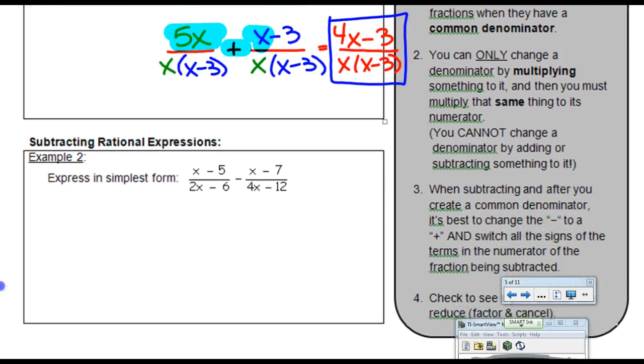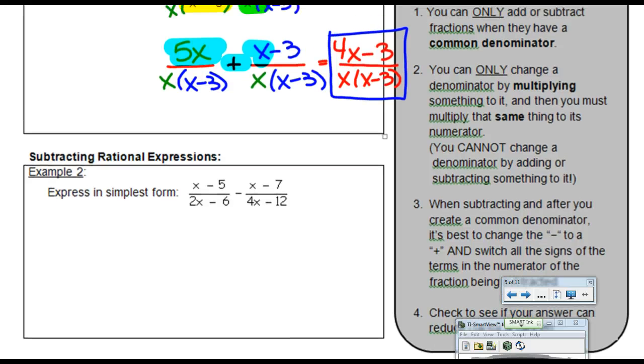Second problem. Let's see, 2x minus 6 and 4x minus 12. That's a little bit harder to see what the denominator is. Some of you guys might be able to see it right now. For others, I'm going to factor it.